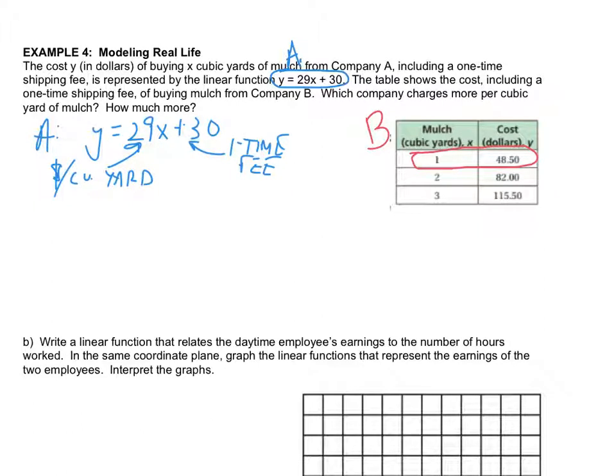But remember, the table includes a one-time shipping fee. So it's not $48.50. It might seem like an easy answer, but that 1 cubic yard includes the amount per yard and the shipping charge. So what I really want to look at is the slope. I need the slope to determine this answer.